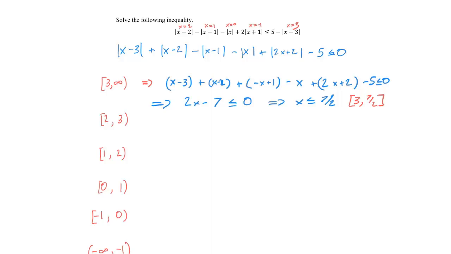Now, going into the next section, from 2 to 3, there's going to be a sign change on the x minus 3. So we'll no longer have the simplification down to 2x minus 7 less than or equal to 0.